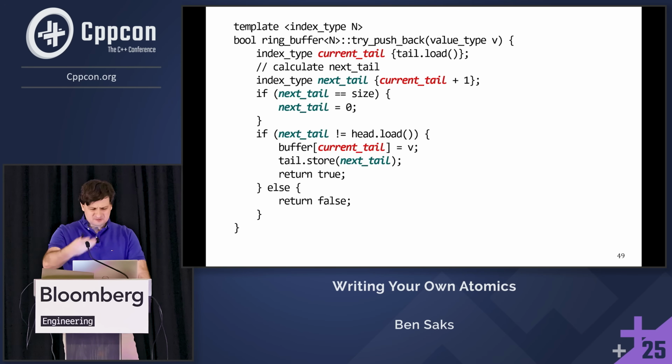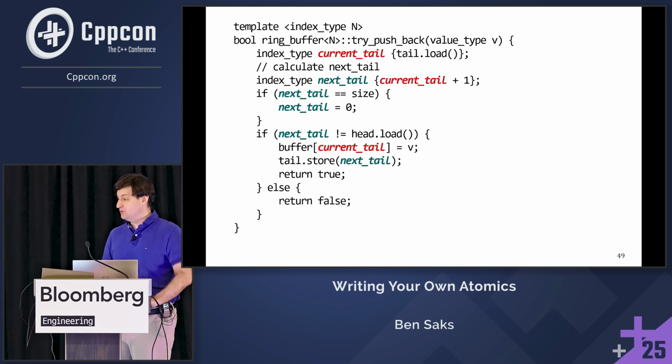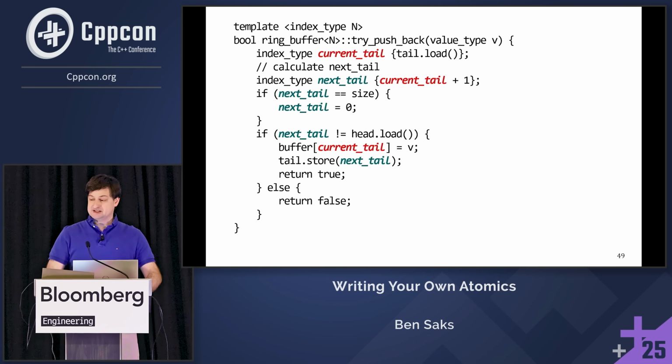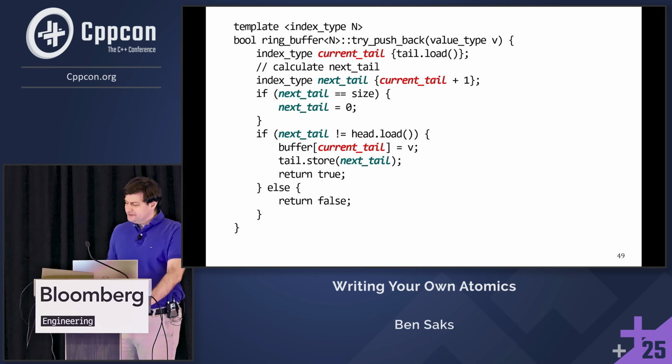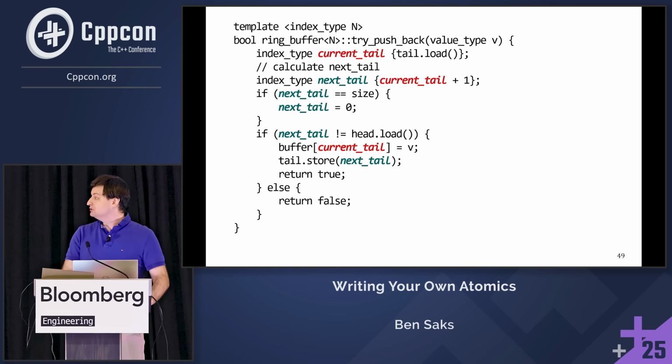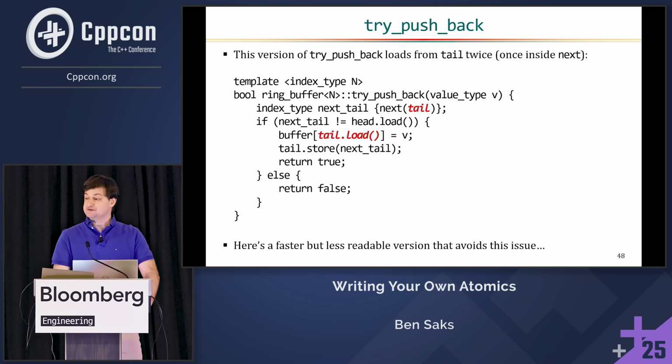It doesn't use next; it calculates the next value of the tail and also keeps a local value of the current tail and works with both of those up until the point when it knows that it's succeeded in what it's trying to do and it's ready to go ahead and move on to the next tail location. So this is probably how I would actually write this function, but for demonstration purposes, I think it's a little bit easier to make sense out of this version here.